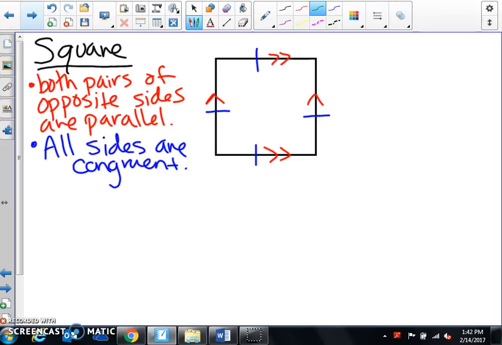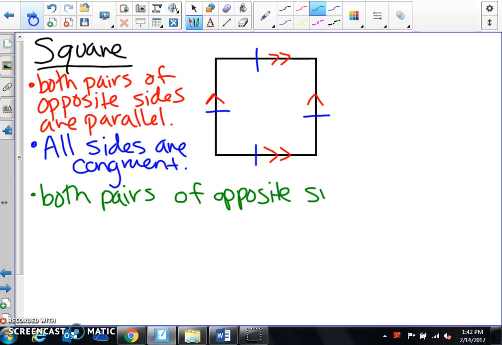The next thing we know about squares, both pairs of opposite sides are congruent. Okay, so this side is congruent to that side, and this side is congruent to that side. And we know that because all sides are congruent, right? But technically we do need to know that.